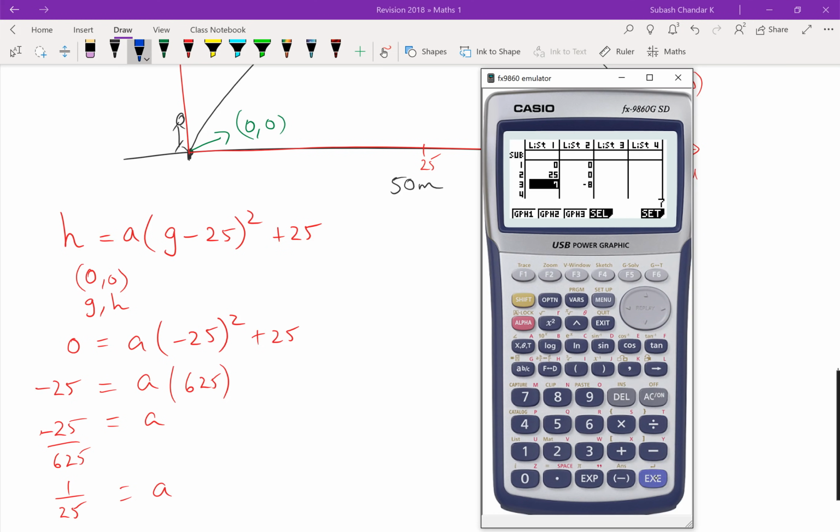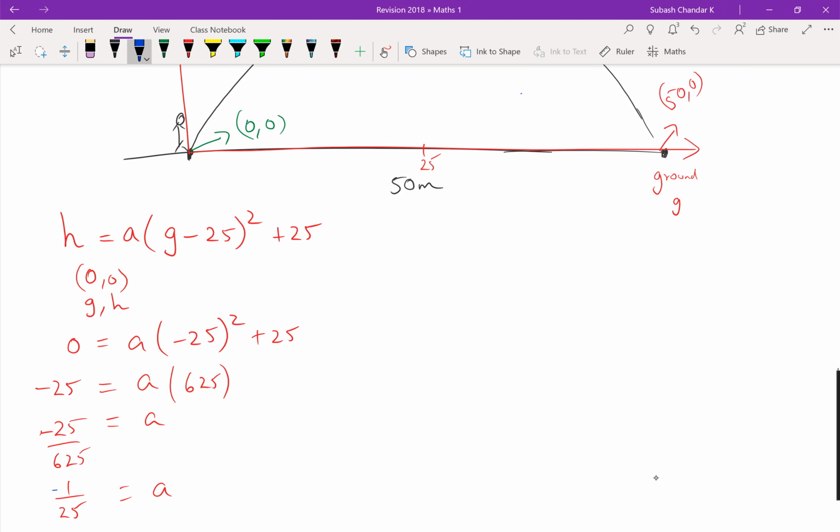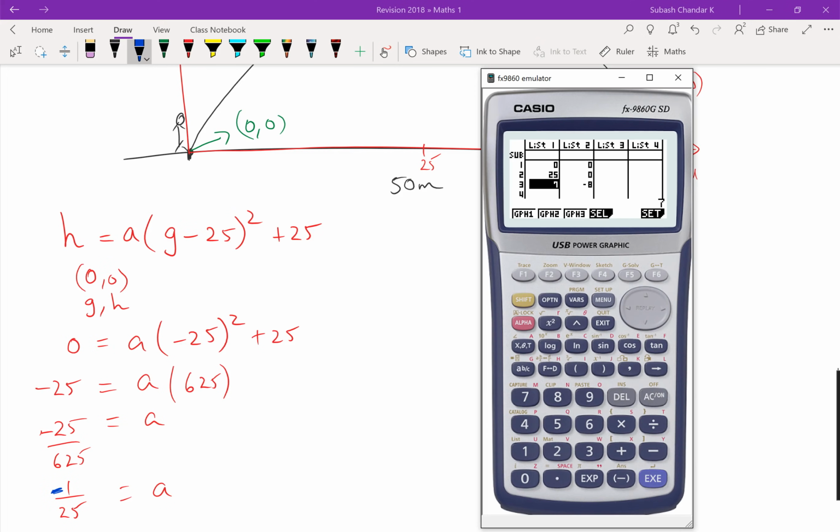Sorry, negative 0.04. We're good with that, guys?